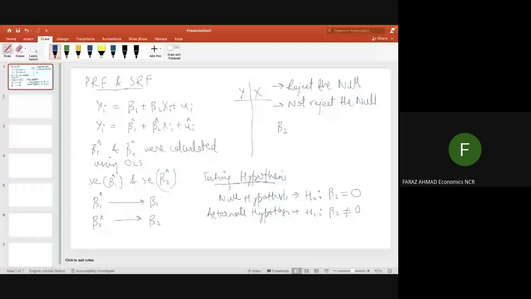Now I was talking about why do we have such a hypothesis. What does beta 2 equals 0 mean? What is the meaning of beta 2 equals 0? Anyone?